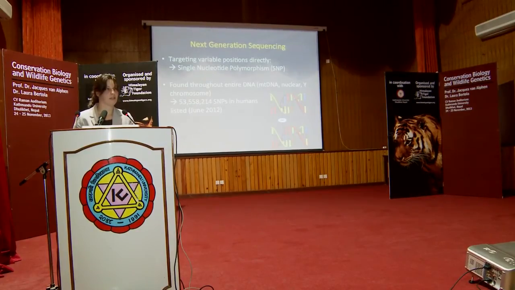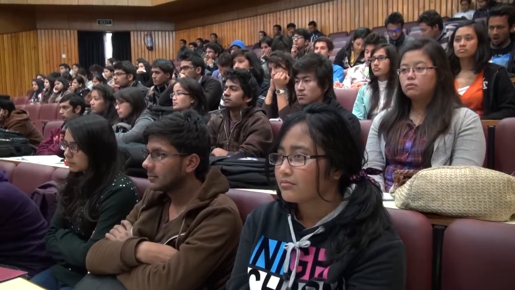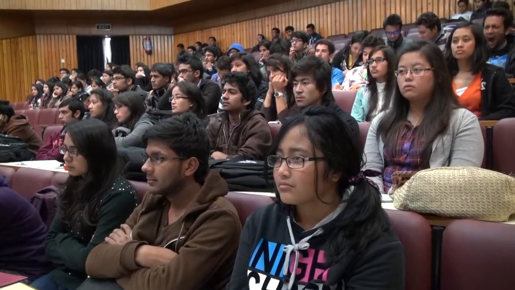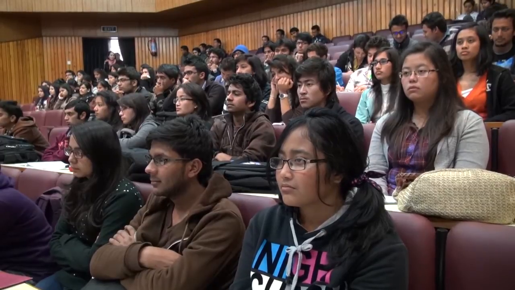But SNPs can be found on the mitochondrial DNA, they can also be found in the nuclear DNA, and they also can be found on the Y chromosome, which is interesting because the Y chromosome is only in males, and it only shows the male lineage. So by combining all these different types of genetic data, you can get a really nice, clear, and all-round picture.